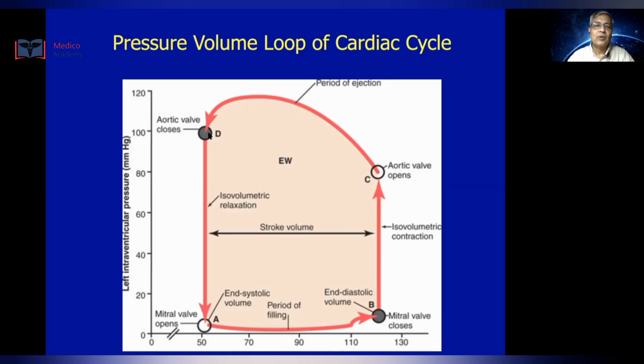Once the aortic valve closes, there's a dramatic decrease in the left ventricular pressures, because the muscles are no longer contracting and the volume is not there in the left heart anymore. So if you look at the total area, this total area reflects the stroke volume which was ejected by the heart.